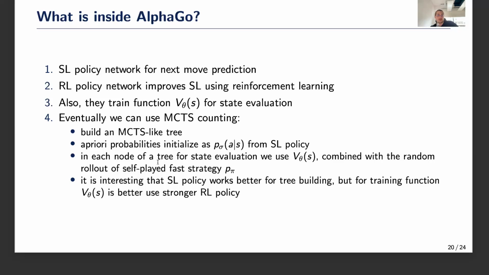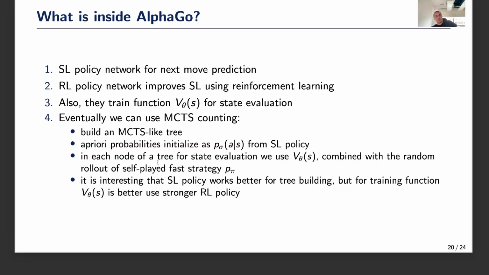Here comes the last part of AlphaGo, where the search meets learning, where neural networks are embedded inside Monte Carlo tree search to make decisions. So at each step, AlphaGo builds an MCTS tree rooted at the current board position.